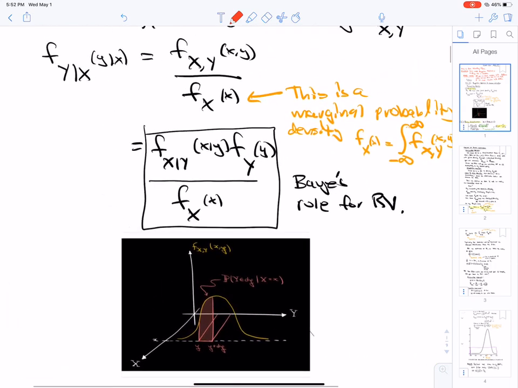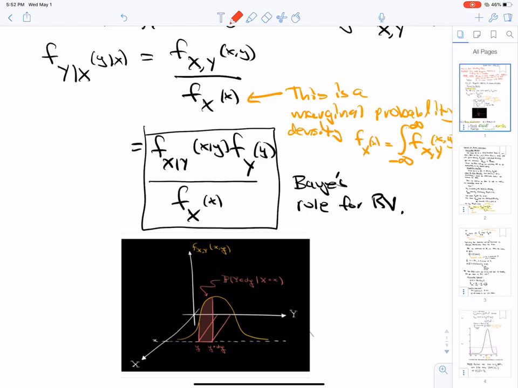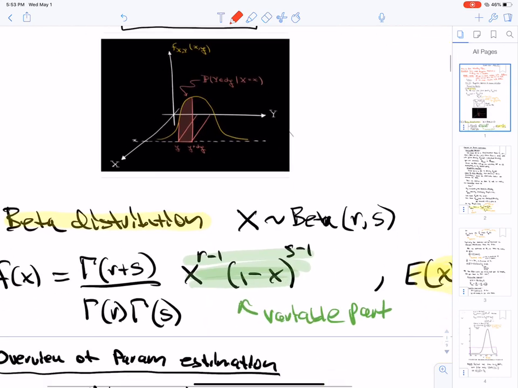So we can write f y given x as f x given y times f y over f x. And in applications that we'll be doing, the conditional density is used as both the posterior and the likelihood density, and the marginal f y is used as the prior, with the denominator just being a constant.